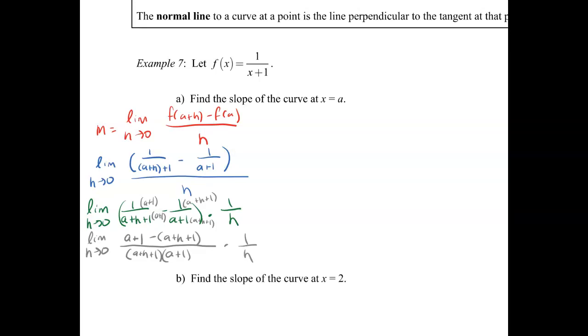I don't think I need to simplify that out on the denominator. If I do, I'll do it here in a little bit, not right now.